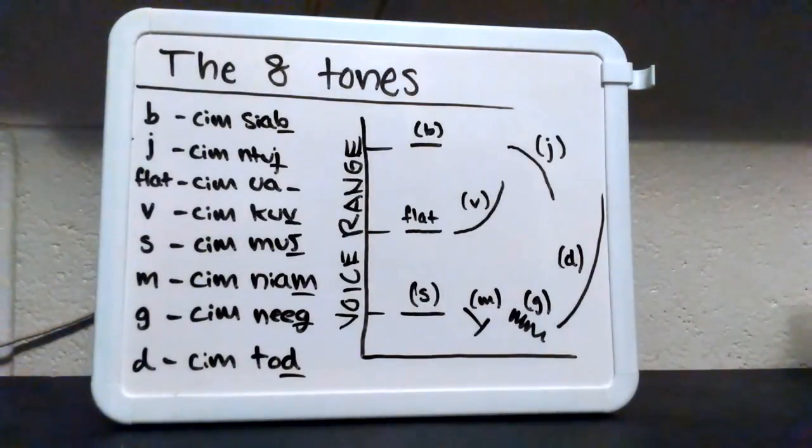The V tone, gu, gu, gu. The S tone, mu, mu, mu. The M tone, niet, niet, niet. The G tone, ning, ning, ning. And the D tone, da, da, da.